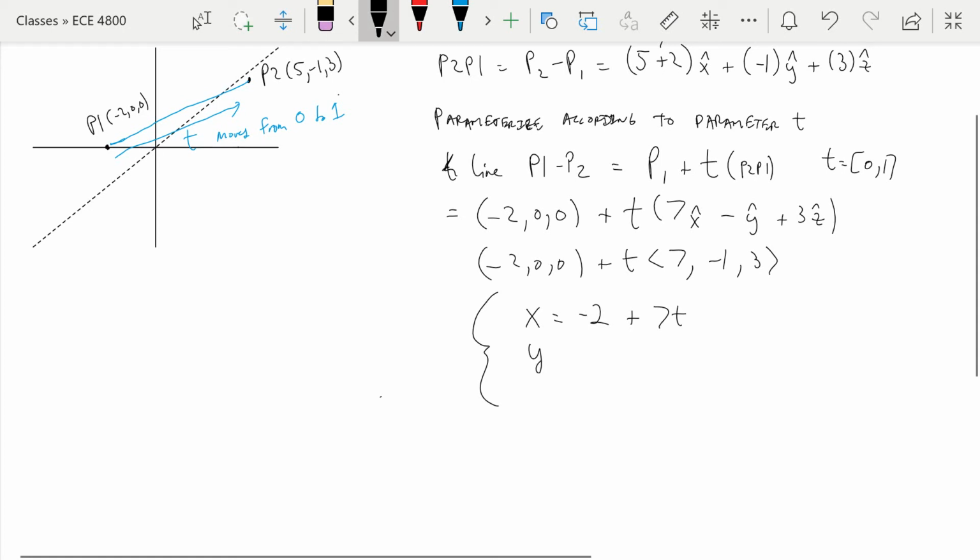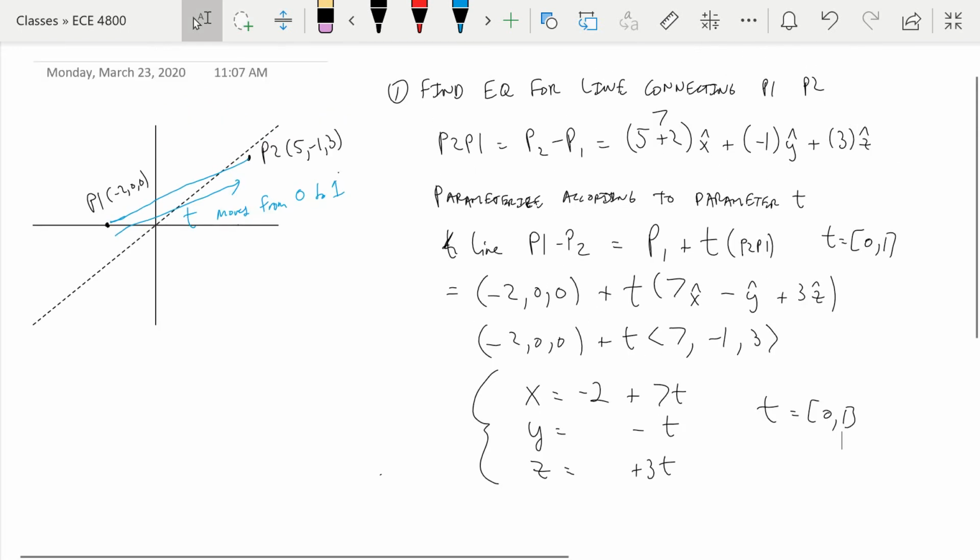Y is equal to 0 minus 1 times t, so just minus t. And z is equal to 0 plus 3t. And then t is going from 0 to 1. So that's how we define this line going from P1 to P2.